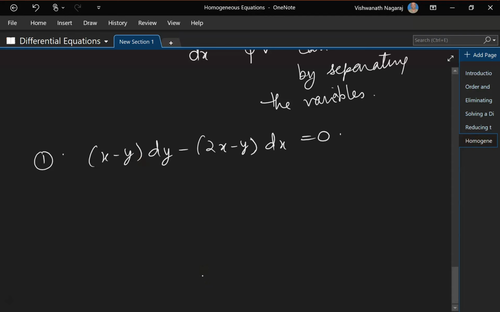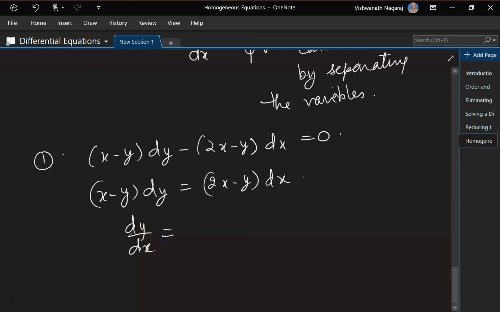So let's see. (x minus y) dy is equal to (2x minus y) dx. dy by dx is equal to (2x minus y) by (x minus y).